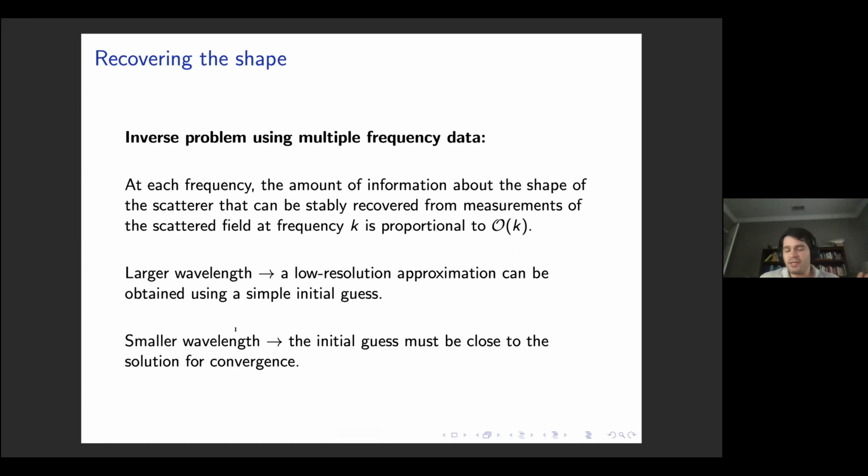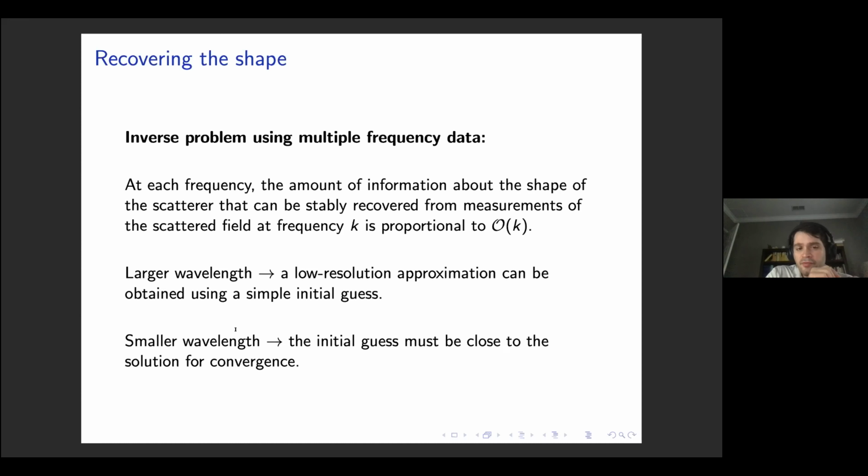So one thing that you notice when you are solving this single frequency problem is that at low frequencies, your wave number is low, so your wavelength is very large. The resolution that you can recover is very small. So if you start from a simple shape and you apply the single frequency inverse scattering problem at low frequency, you're going to have a very blurry reconstruction of the obstacle, okay?